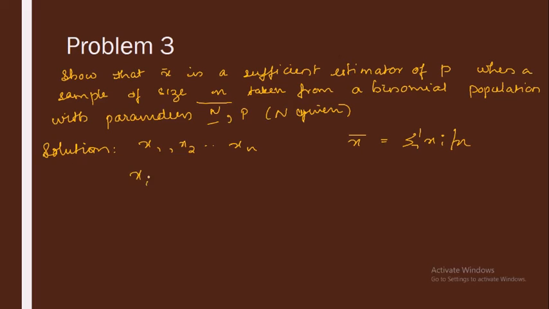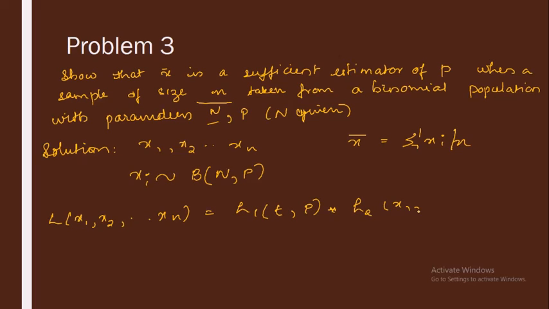Here we are given that xi follows a binomial distribution with N and p, and N is known. Now you write the likelihood function L of x1, x2, etc., xn equal to L1 of t, comma p multiplied by L2 of x1, x2, etc., xn.